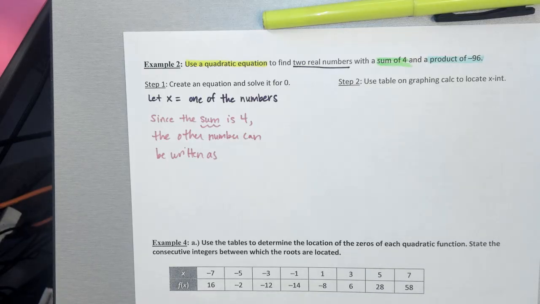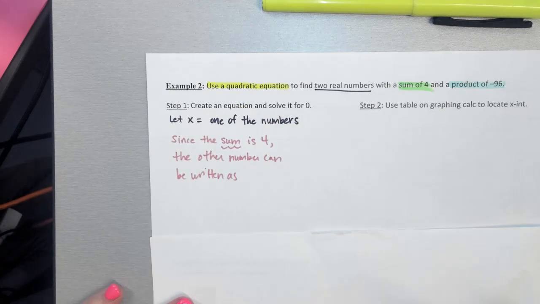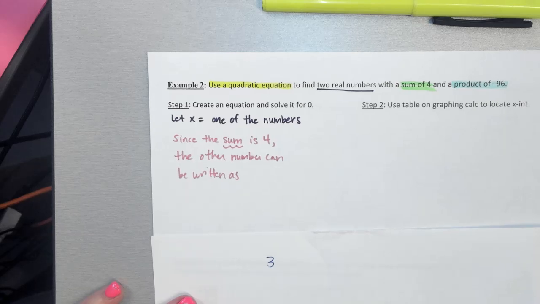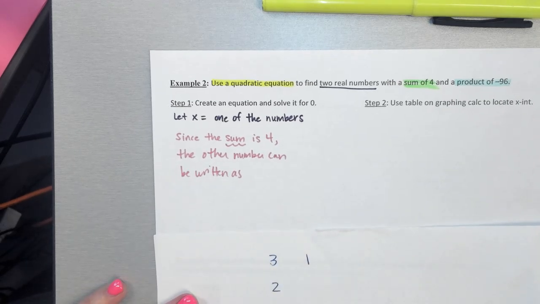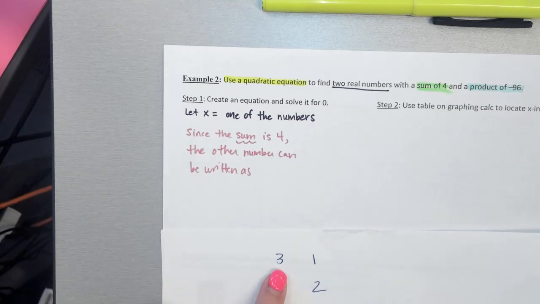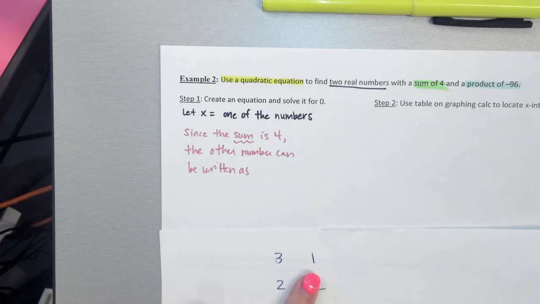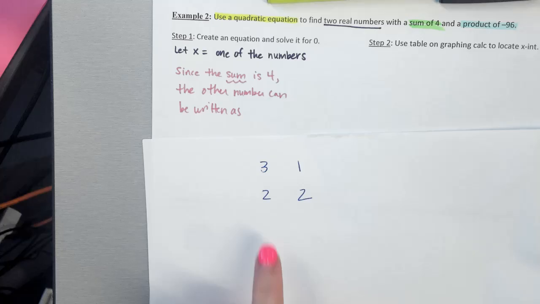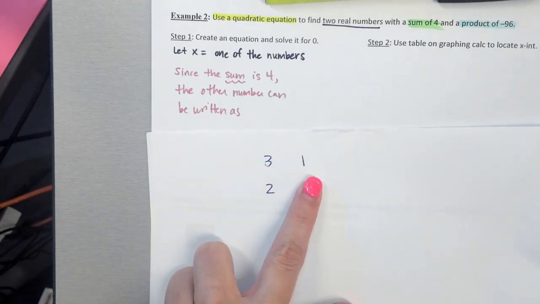So if you know that the sum is going to be 4, if I told you one of the numbers is 3, you'd know that the other one is what? 1. If I told you one of the numbers was 2, you'd know the other one is 2. So what's a way that I could use 3 to find that the other one's 1, if the sum is 4? Yeah, you could do 4 minus 3 to get 1.